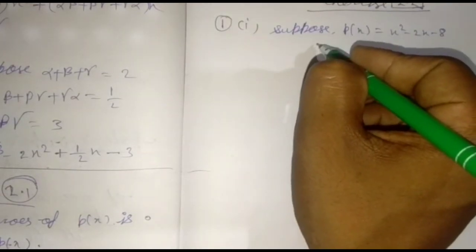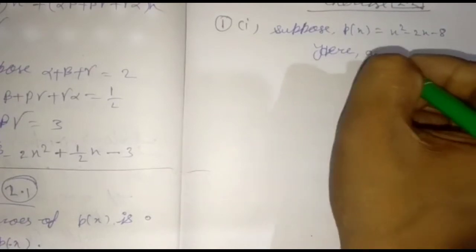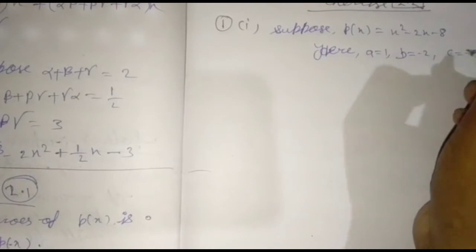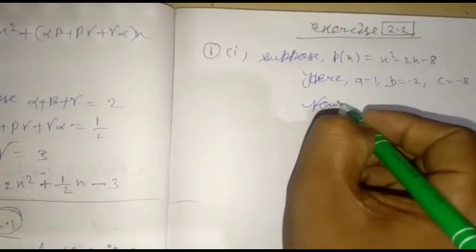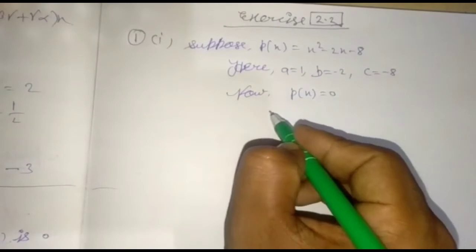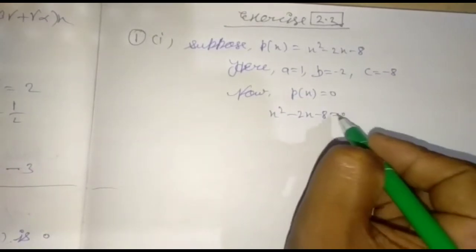You can look here, a equals 1, b equals minus 2, c equals minus 8. Now for obtaining the zeros of this polynomial, we put the value of p(x) equal to 0.